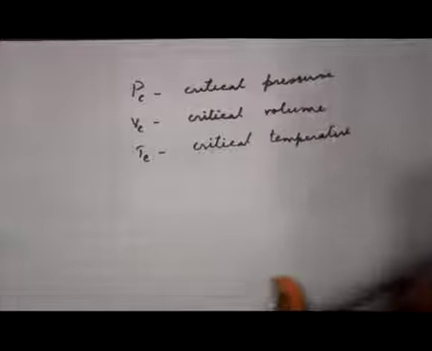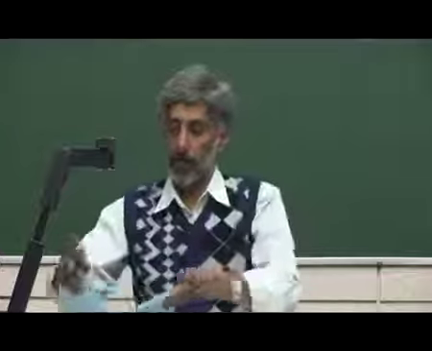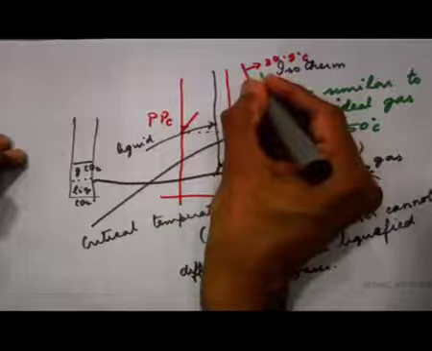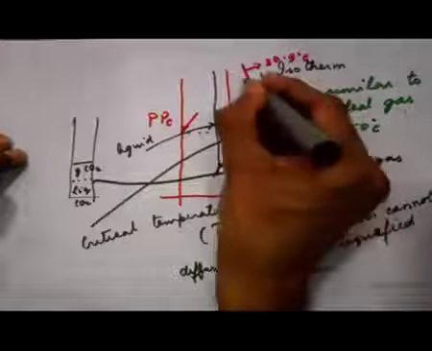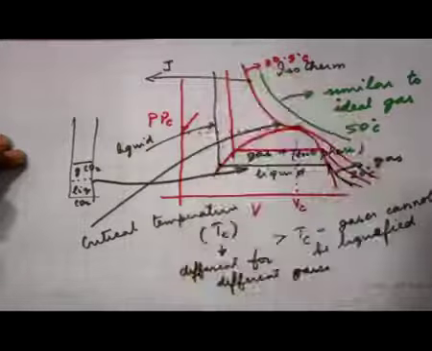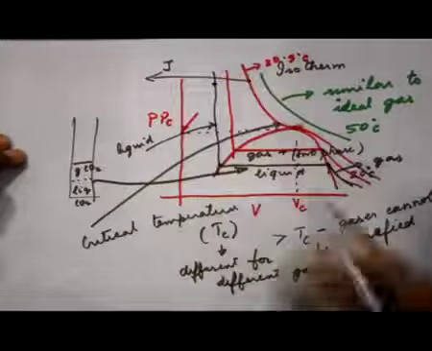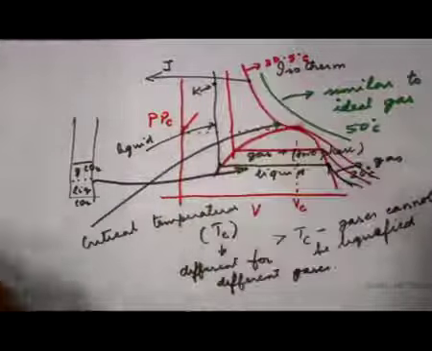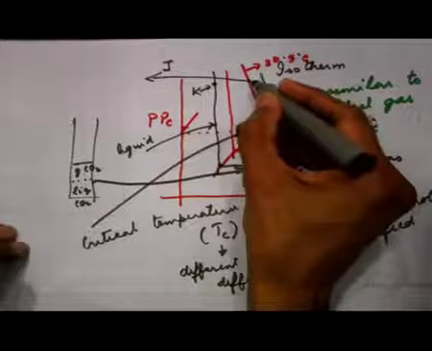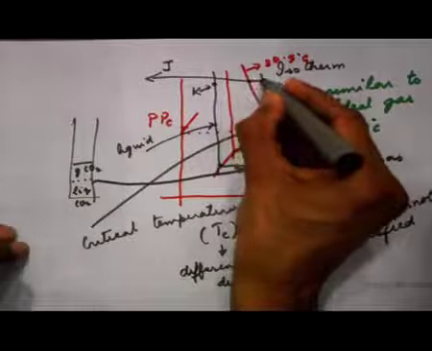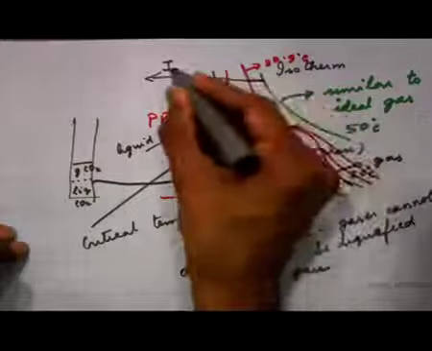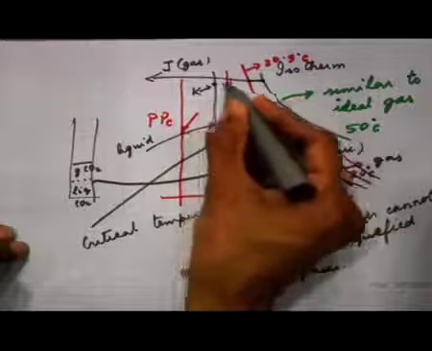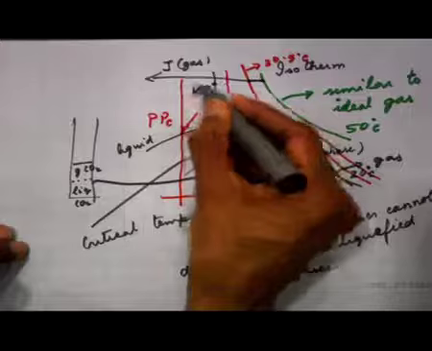Now, if you go back and look at that earlier slide that we have, you can go from this point here, call this J, to this point here, K. J is gas, right. This is J and it is a gas, and K is at the same pressure, this is a liquid.